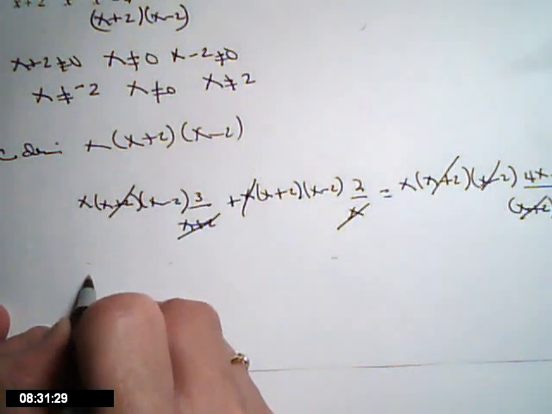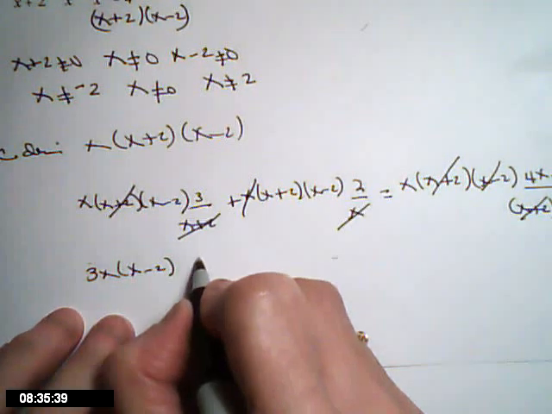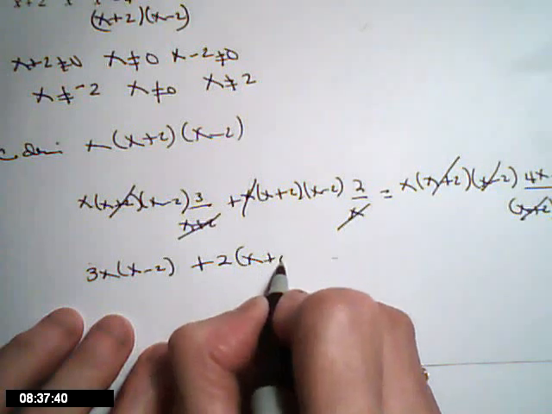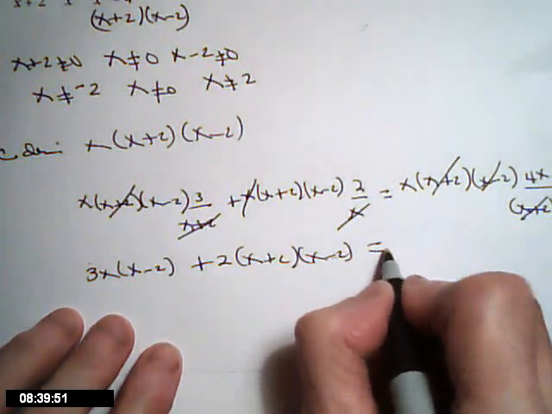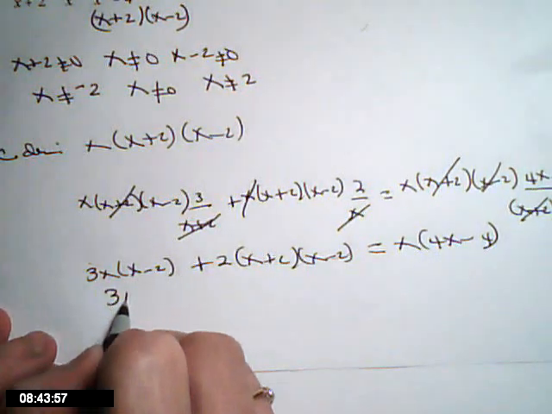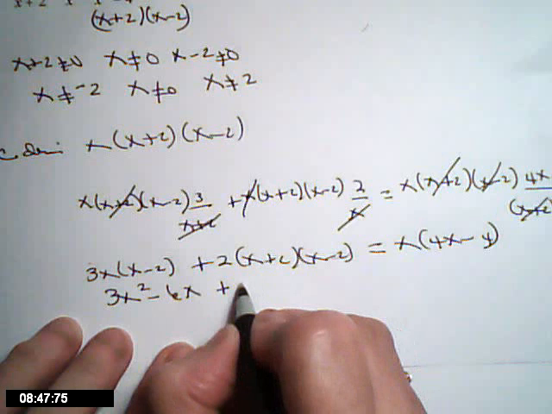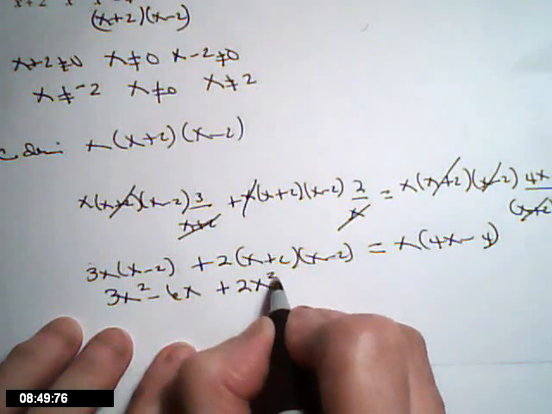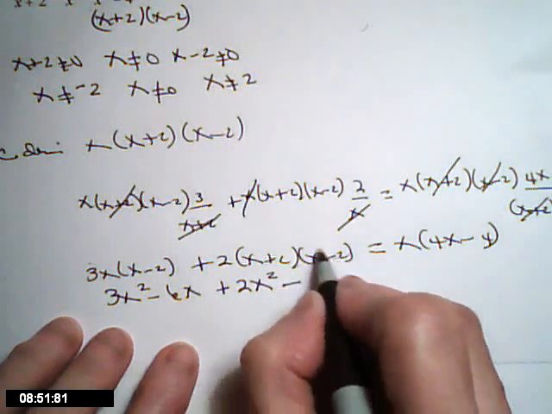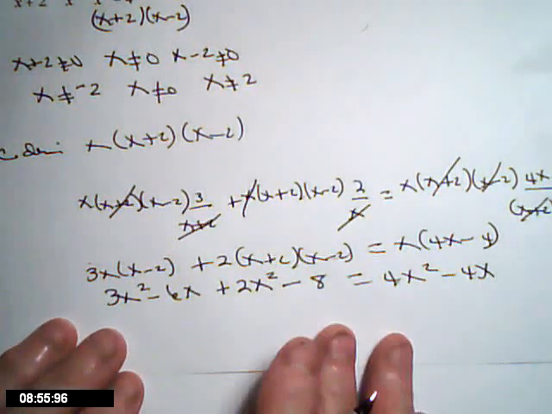So I now have 3x times x minus 2 plus 2 times x plus 2 times x minus 2 equals x times 4x minus 4. Or 3x squared minus 6x plus 2x squared minus 8 equals 4x squared minus 4x.